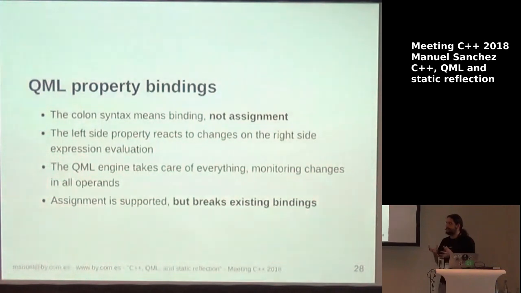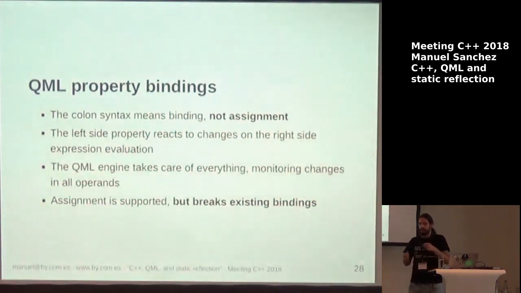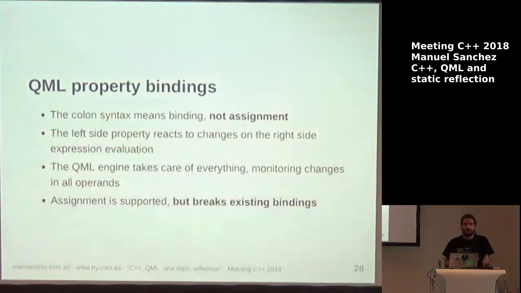So it's not static. It's a binding: whenever one of the operands of the expression changes, the property changes automatically. A direct assignment is supported by the language, like the usual equal operator, but it will break existing bindings against that property, so I discourage it completely.